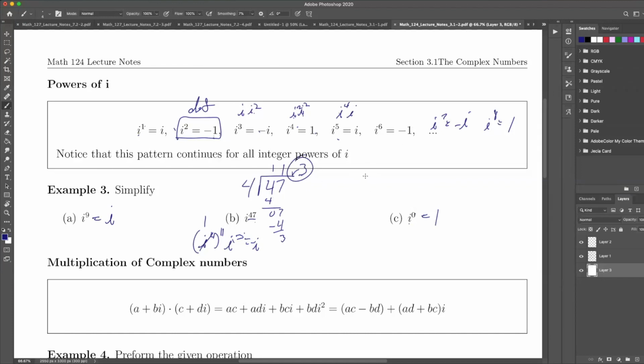a little bit more, let's say 102. If I take i to the 102nd power, let's just do a couple of these so you get more comfortable with this. If I take 102 and divide it by 4, what's my remainder?